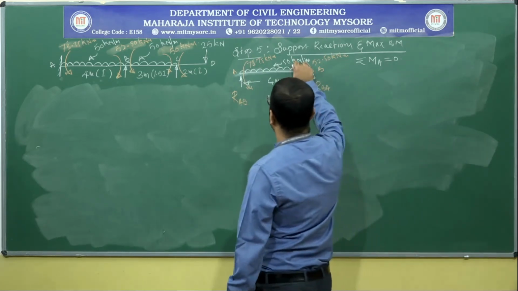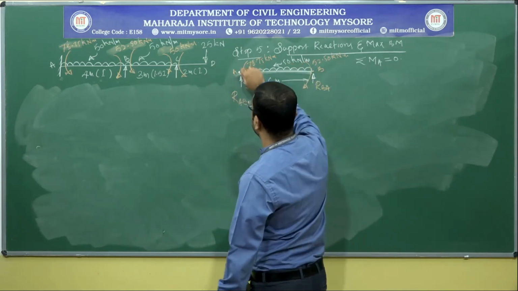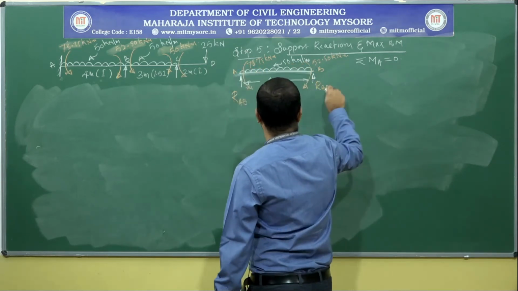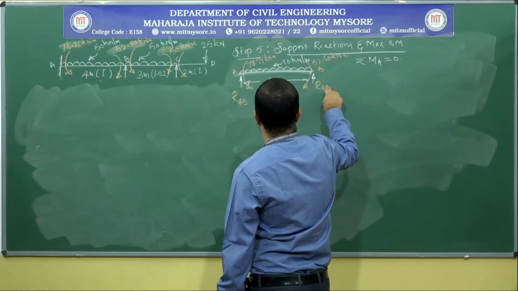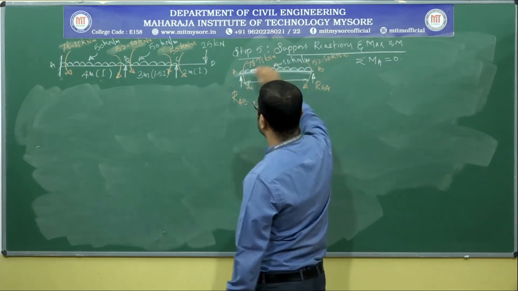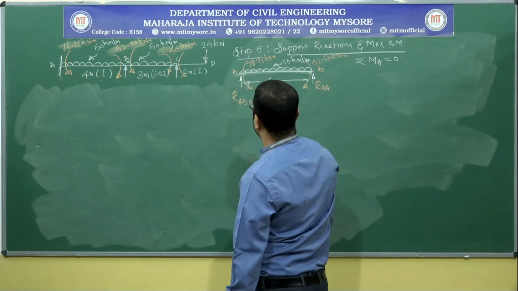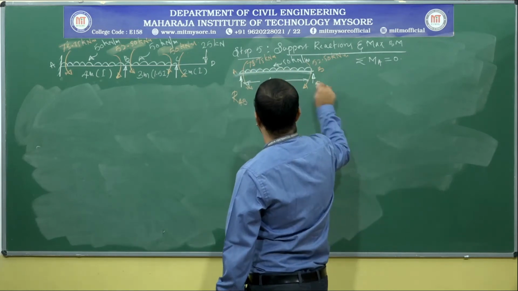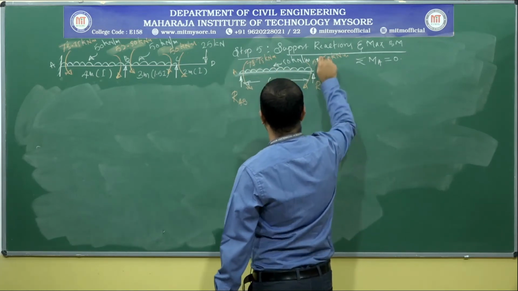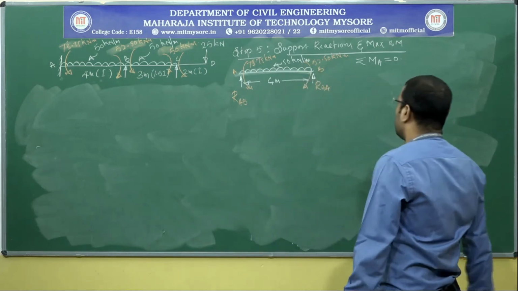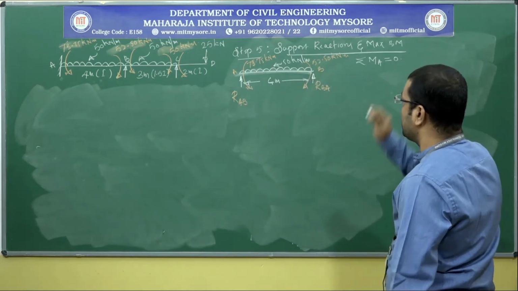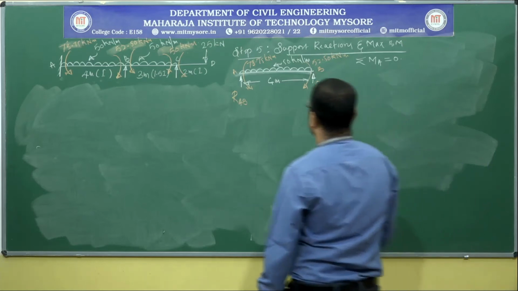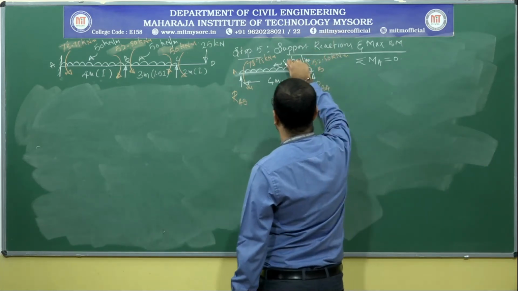Whereas the 50 kilonewton UDL creates a clockwise moment about A, and the reaction RBA creates an anticlockwise moment about A. Apart from these two loads, we have one anticlockwise moment and another clockwise moment. All these we need to consider in the calculation.